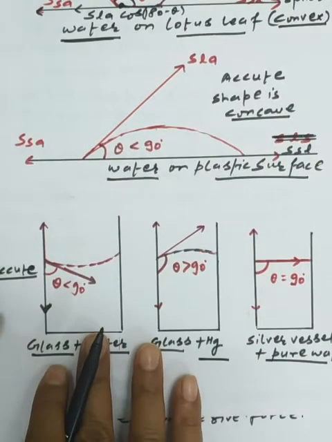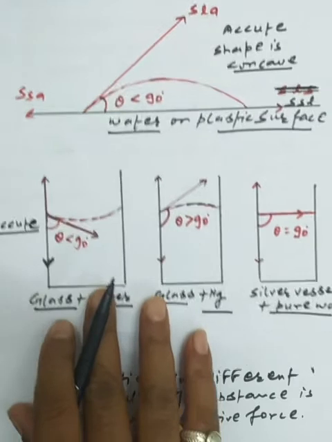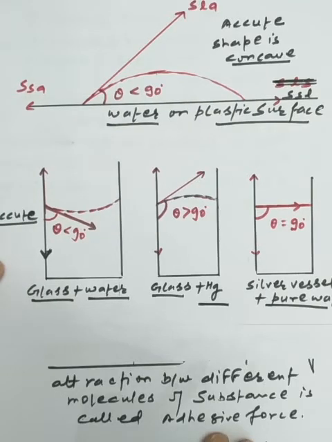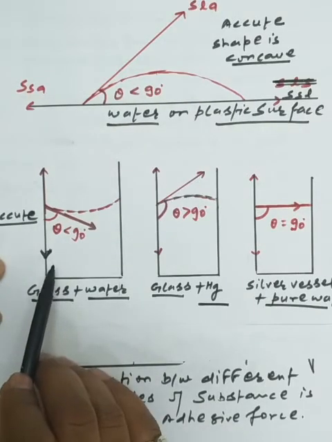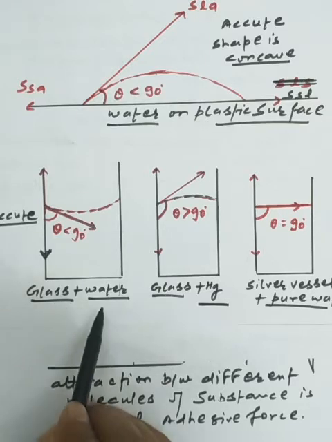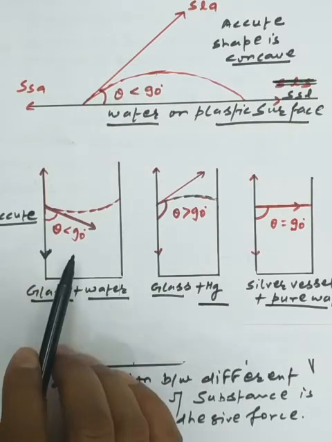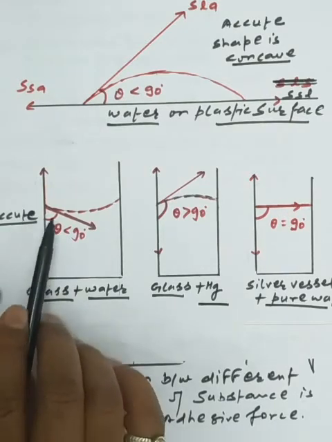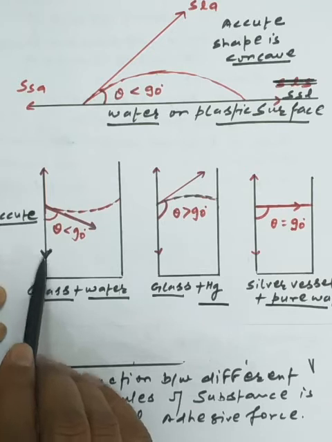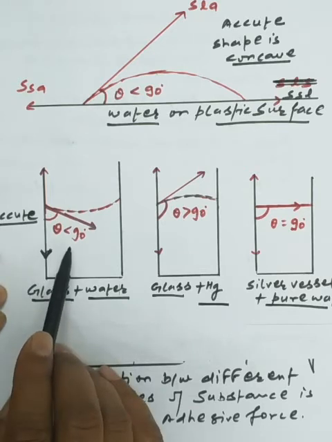Now, whenever I take a capillary tube or a burette, or I take a beaker in which I have water, I have made a little combination. Later on we will discuss this. As I pour water inside the glass, the tangent to the liquid surface and the tangent deep inside the liquid along the solid surface is called the angle of contact.